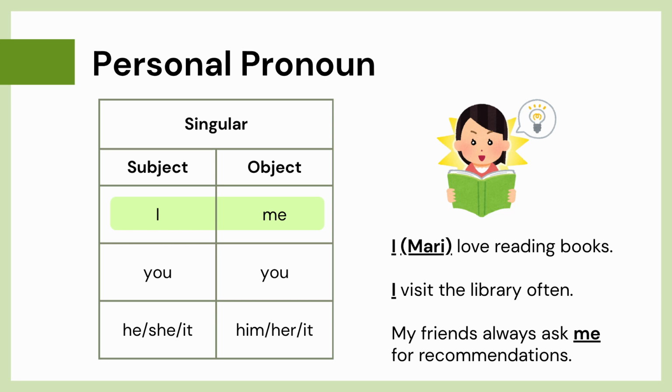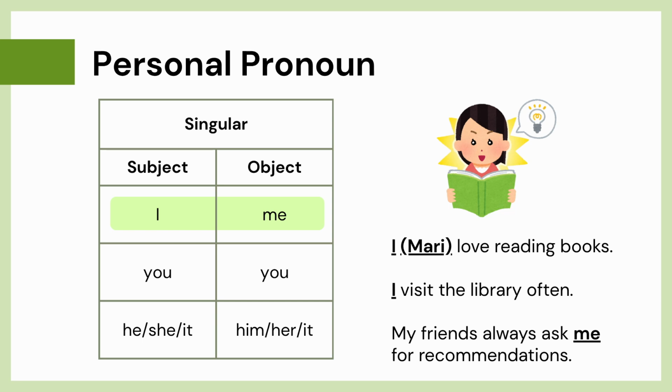It's just the opposite for object pronouns. They receive the action. Like, my friends always ask me for recommendations. Here, the noun friends, my friends, is the subject because they are the ones doing the action.